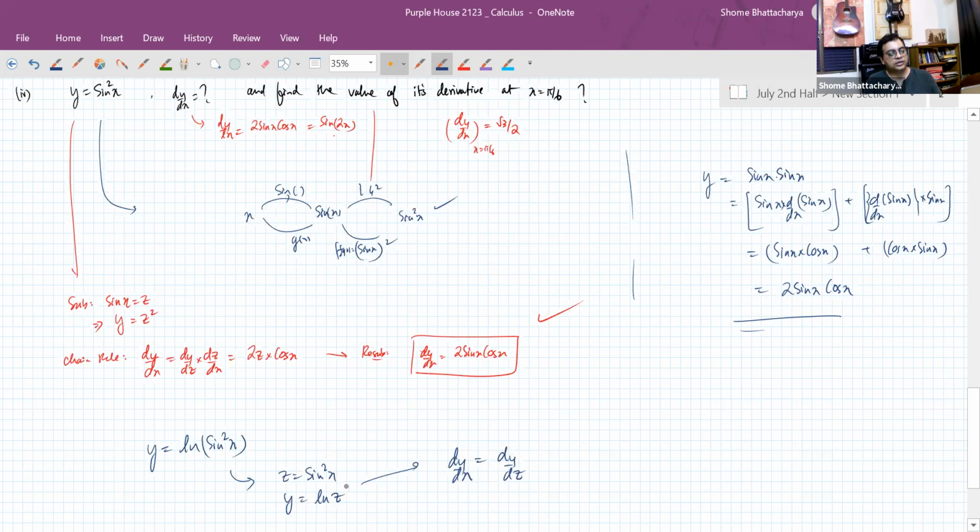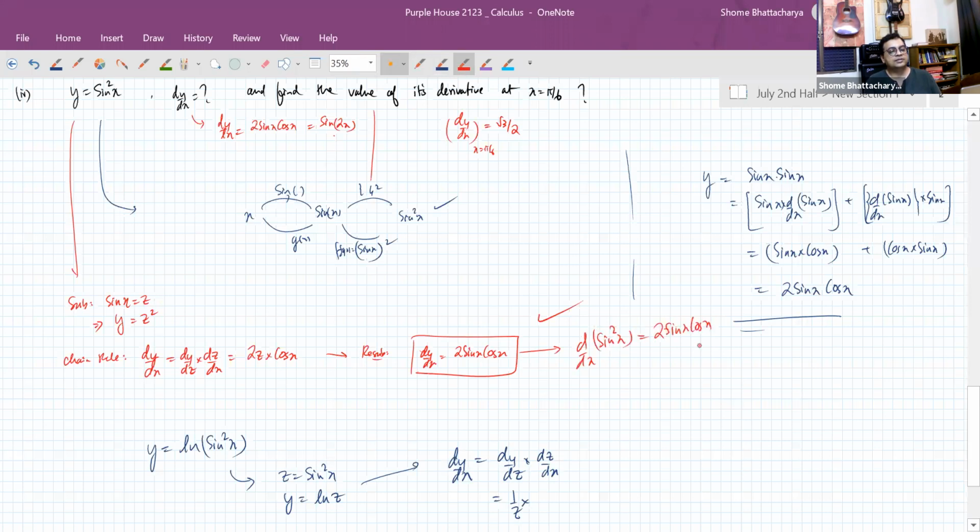Because when you're doing dy by dz itself, dz by dx is also a composite function, sine square x. So ln z's differentiation is 1 by z, that's okay. But this thing we'd have to borrow from here. We're seeing here that differentiation of sine square x is 2 sin x cos x.